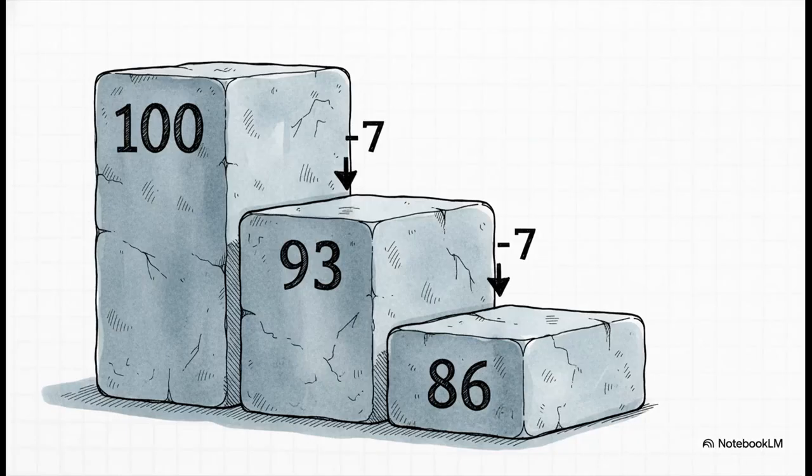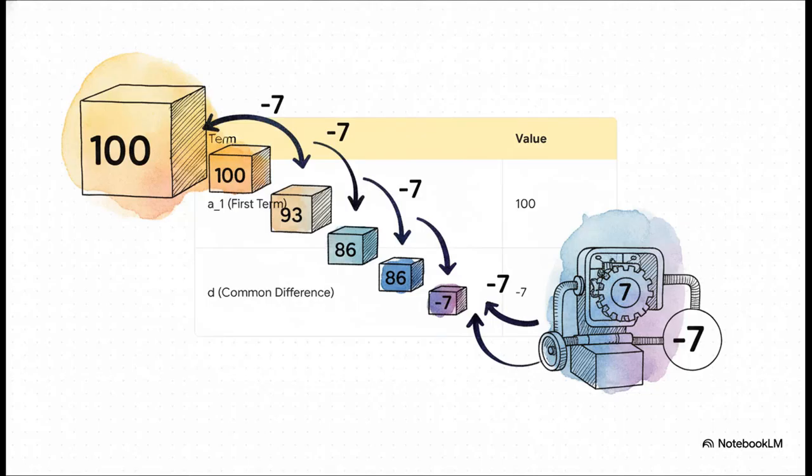All right, you ready to try a trickier one? Let's kick it up a notch. Check out this sequence. 100, 93, 86. Notice it's going down. This is a big clue because it means our common difference is going to be a negative number. Okay, let's do the same thing. Find our parts. The starting point, A1, is 100. And to find the difference, D, what do we do to get from 100 to 93?